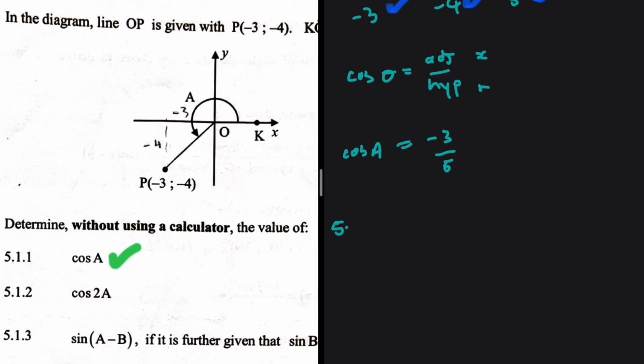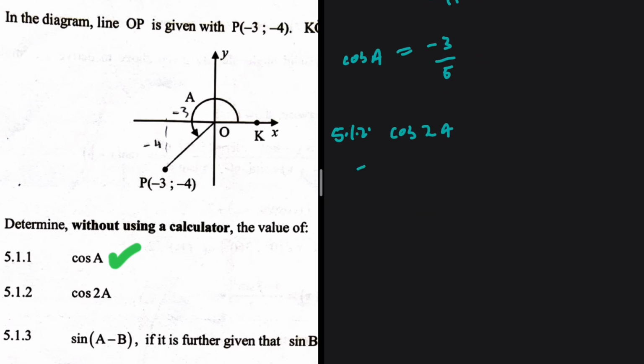Okay, and then 5.1.2, we have cos of 2A. This is very typical: 5.1.1 will be pretty much straightforward, and in 5.1.2 we have these kinds of trig ratios.